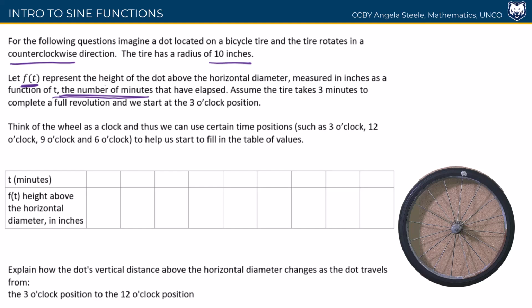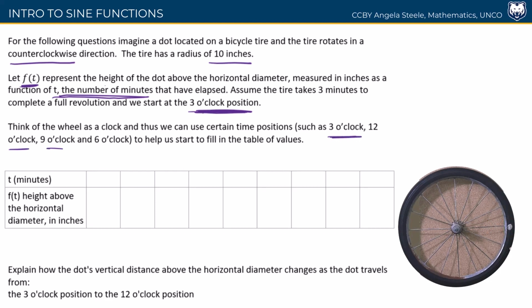We're also going to assume the tire takes 3 minutes to complete 1 full revolution, and we always start at the 3 o'clock position. That's also important in trig. All of our functions assume we start at the 3 o'clock position unless otherwise stated. One last thing before we start filling in the table is that we're going to be thinking about the tire like a clock, and we're going to stop at these key positions.